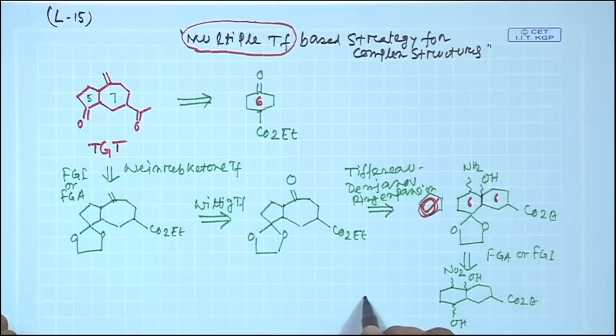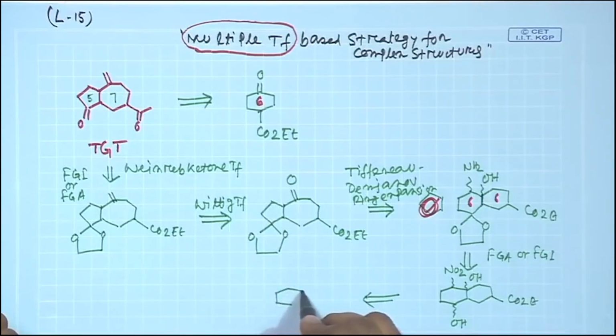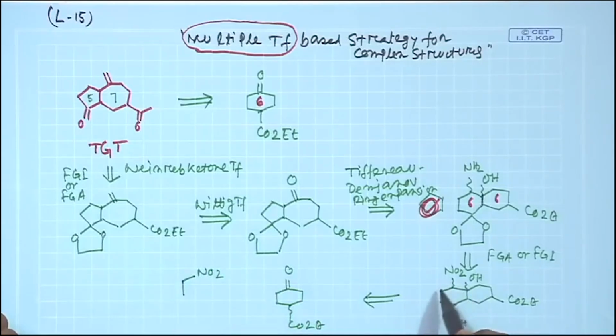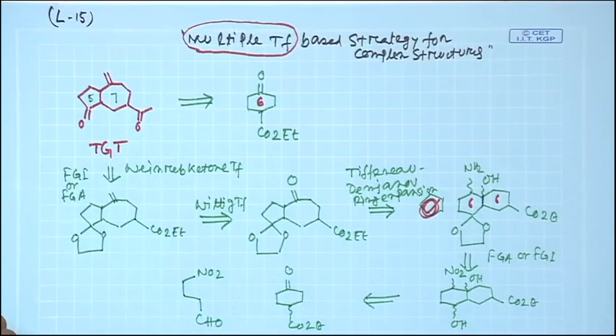Okay. Now, let us try to correlate with the starting material. If the starting material will give you something, now we say we have this starting material which was given to you, and then if you have a compound like NO2, we need to have 1, 2, 3 carbons extra on this cyclohexanone site, 1, 2, these things.